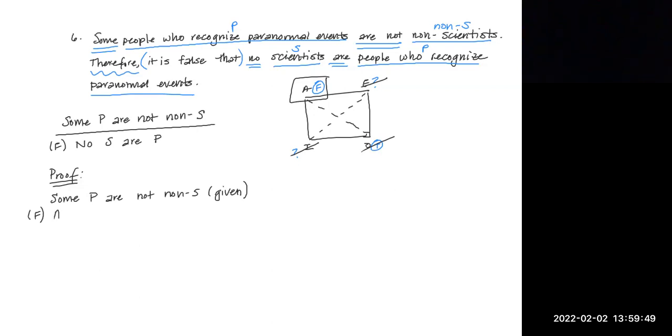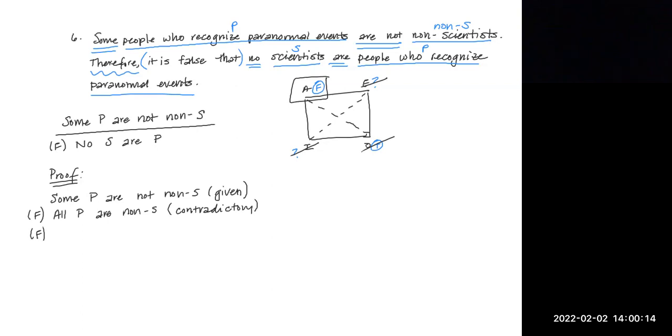Change this to an A statement, leaves the terms alone. How did I get from O to A? That is the contradictory relationship. You can also put contradiction if you want.